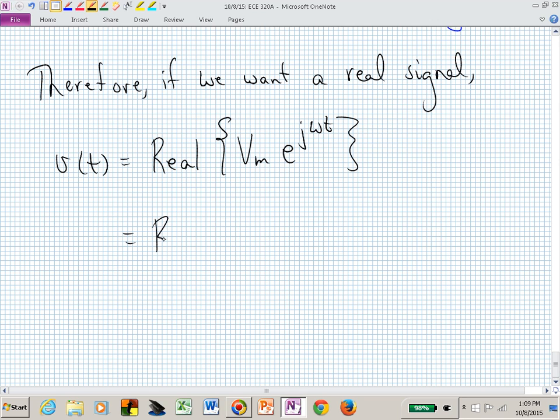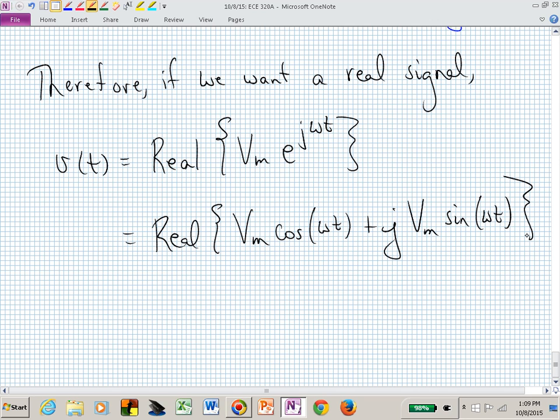This now becomes the real part of v sub m, now imposing Euler, and now we end up with the real part of that complex quantity is now v sub m cosine omega t.